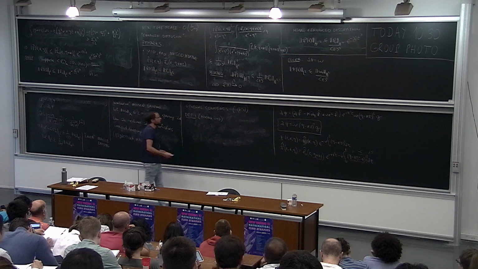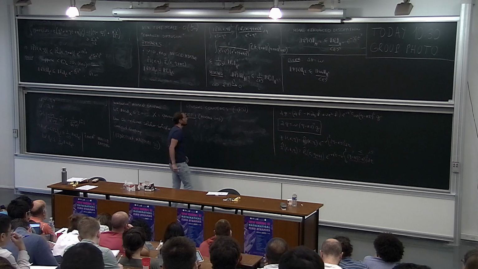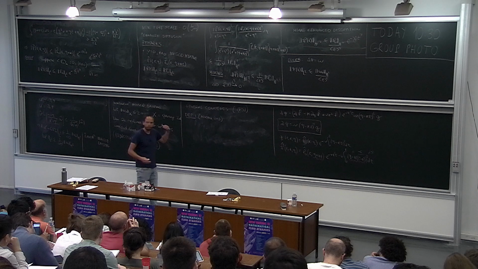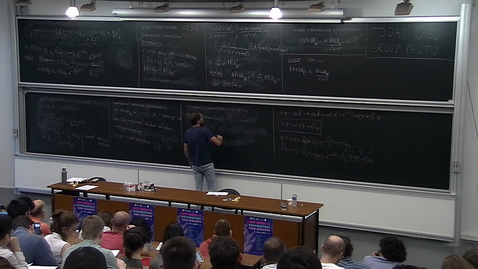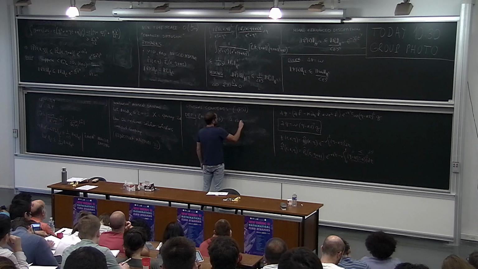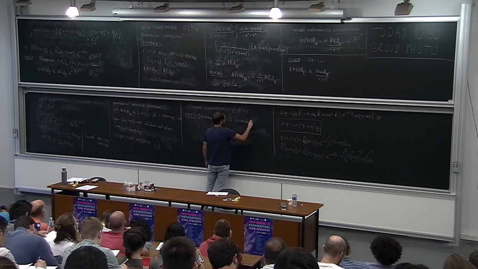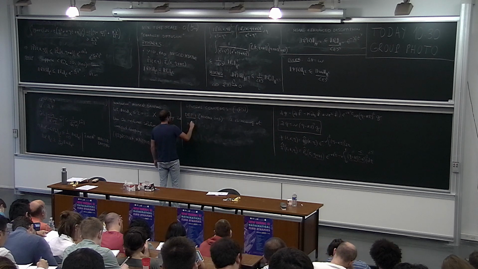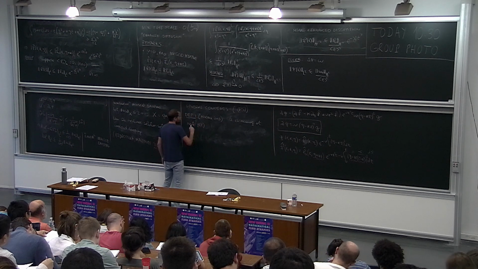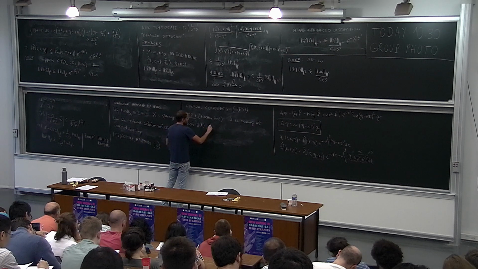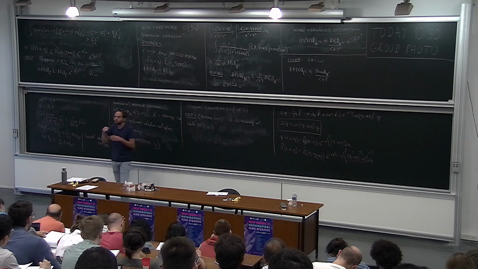You can say that a vector field U is mixing at rate gamma of t, where gamma of t should be a continuous function, a rate function.